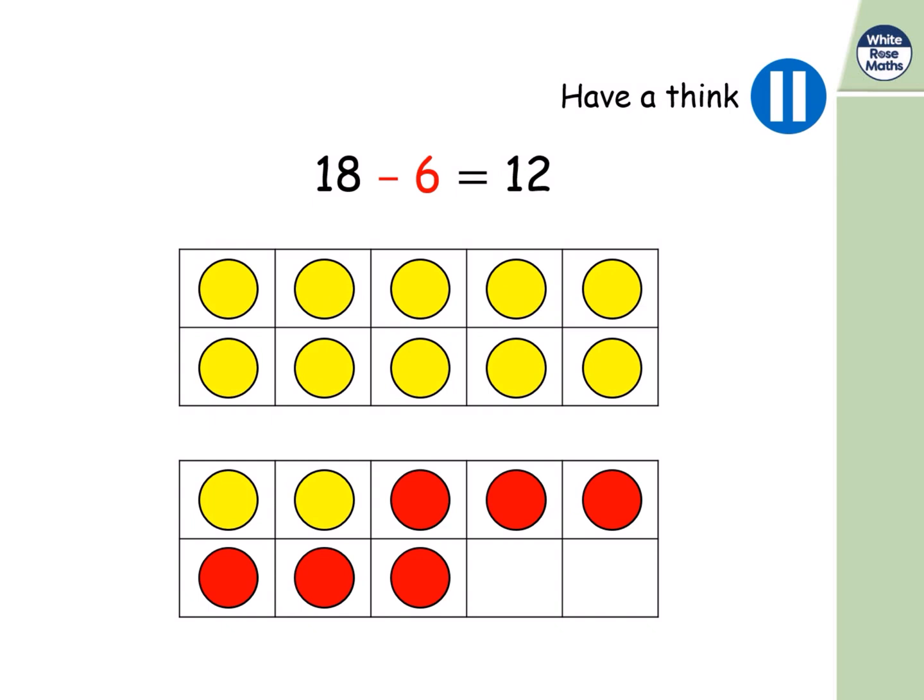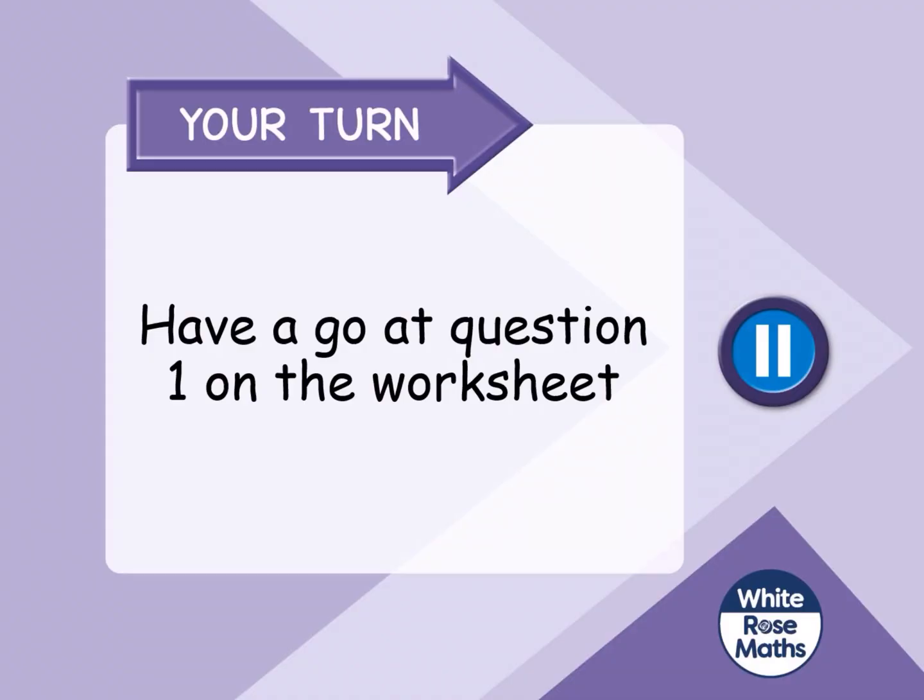So we can still see 18 counters, and we can see that one of the parts is 6. The other part, the 12, is made up of the yellow counters. So we can clearly see 18 is our whole, 6 is a part, and 12 is the other part. It's your turn now. Have a go at question 1 on the worksheet.